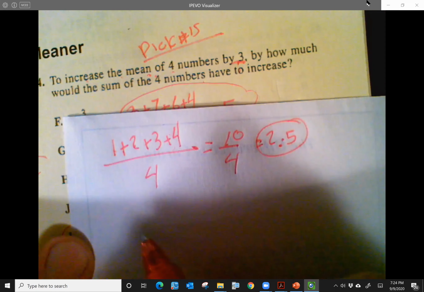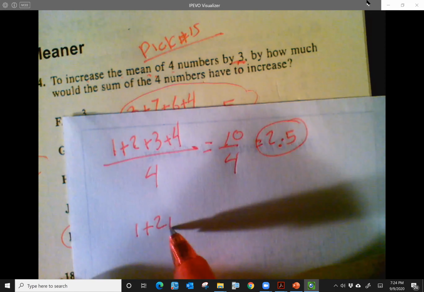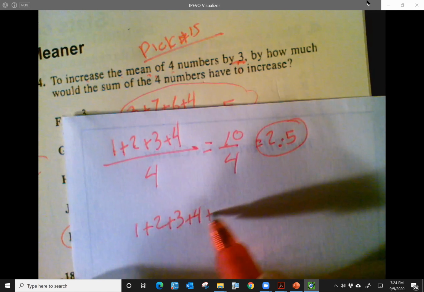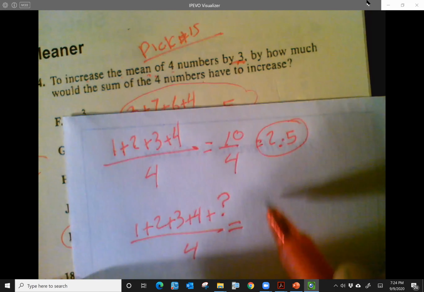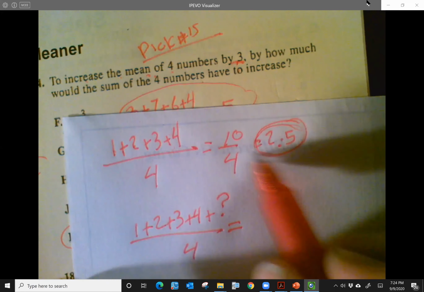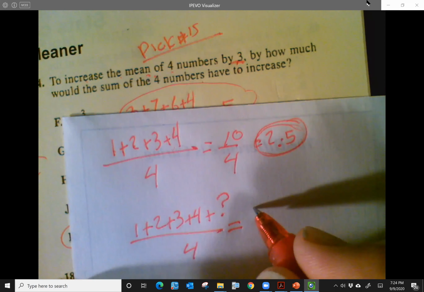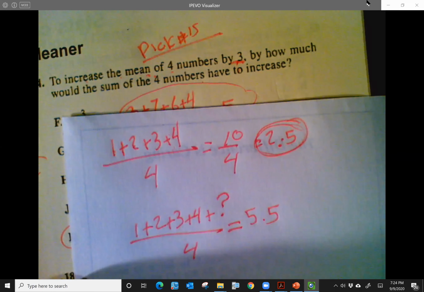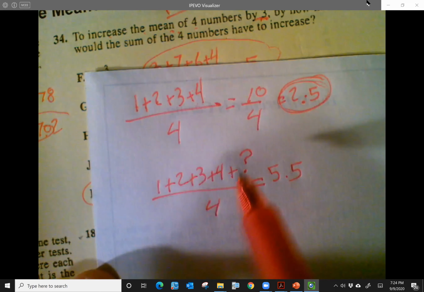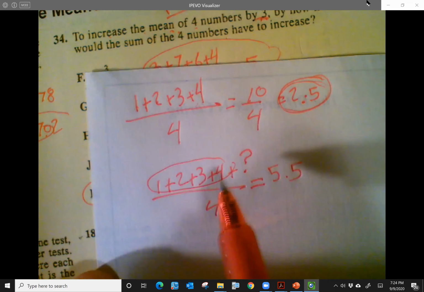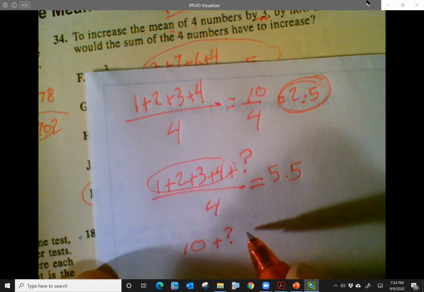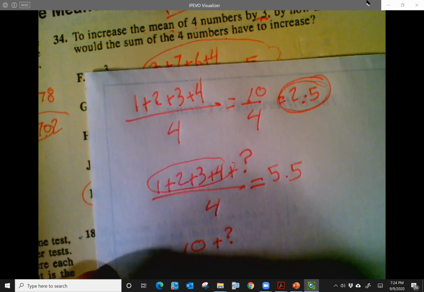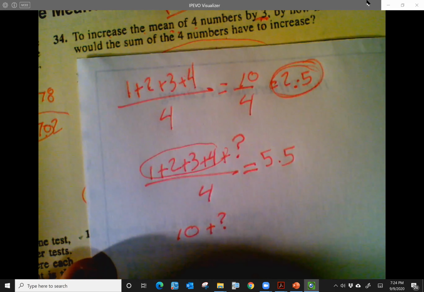So I would say 1 plus 2 plus 3 plus 4 plus, I have no idea, but I want the answer to be 3 more than this. So I want this to equal 5.5. Well, if I add the numbers up you told me, that's going to be 10, right? So 10 plus 2.5 is 5. I'm sorry? 2.5 is 5, not 5.5.